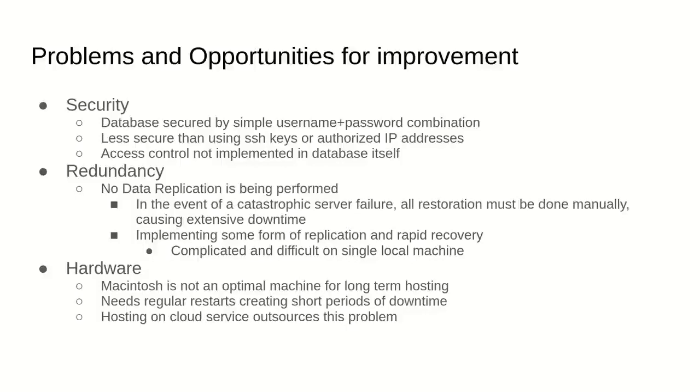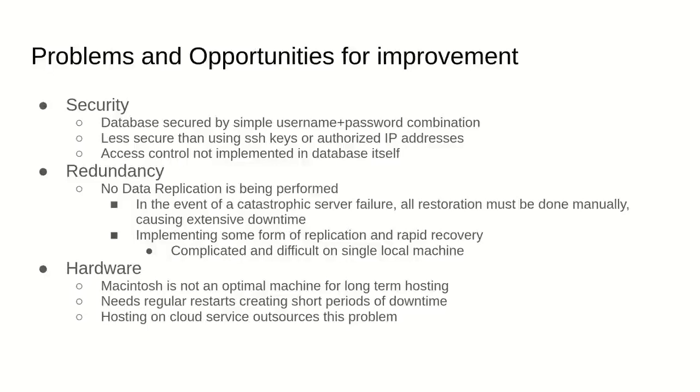The second issue is the problem of data redundancy. We don't have any replication being automatically performed. All our backups are done manually, and in the event of catastrophic server failure, which actually happened at some point during development, all the restoration had to be done manually, which caused extensive disruption and downtime.